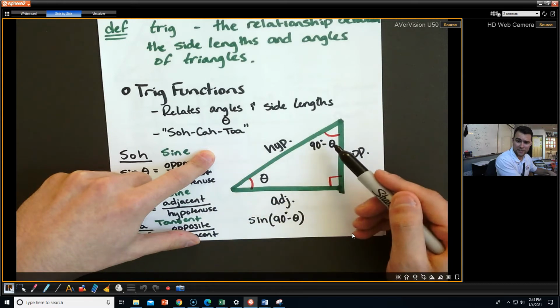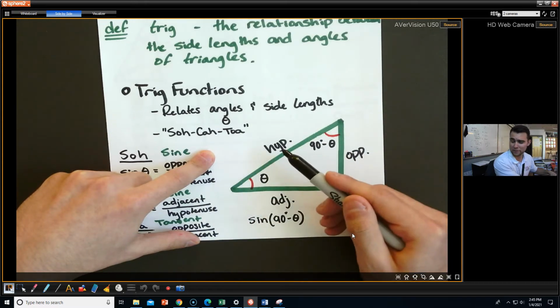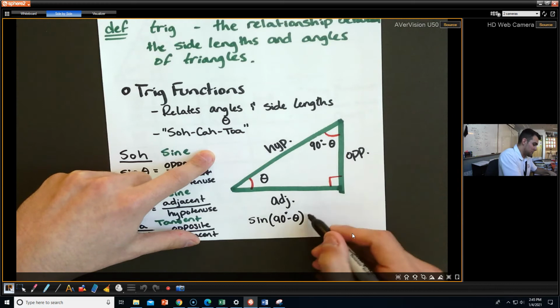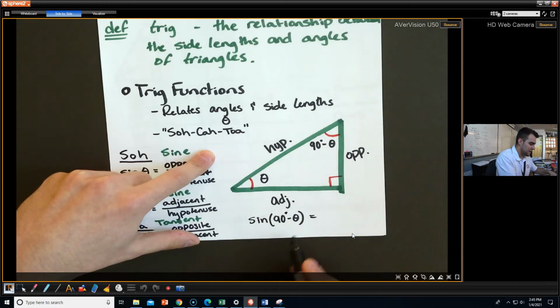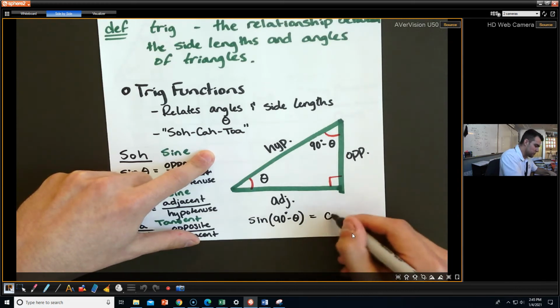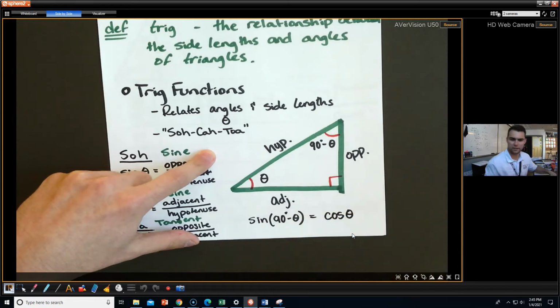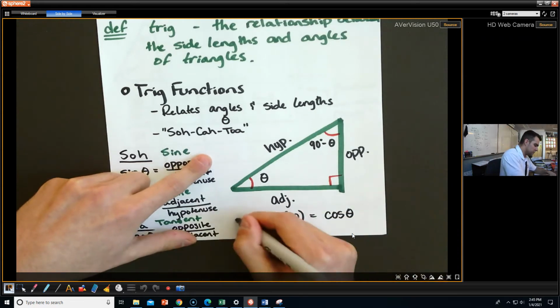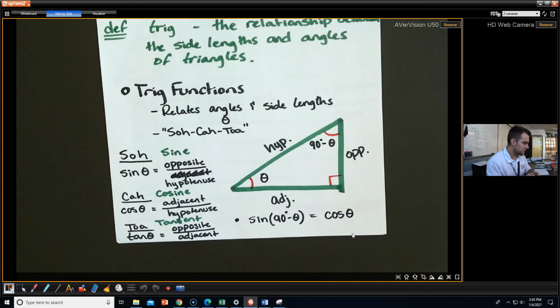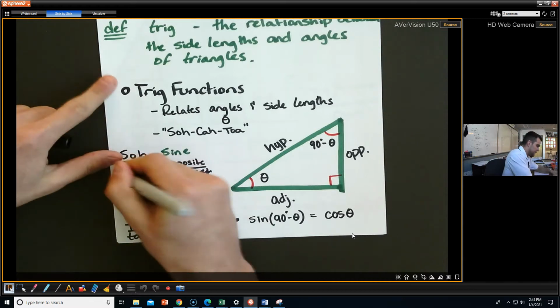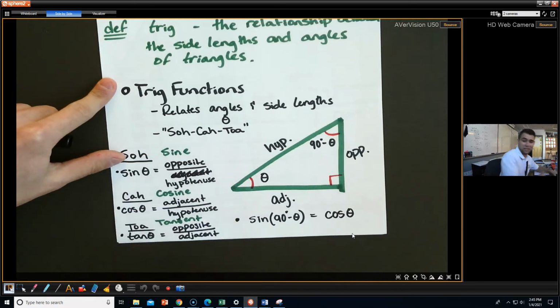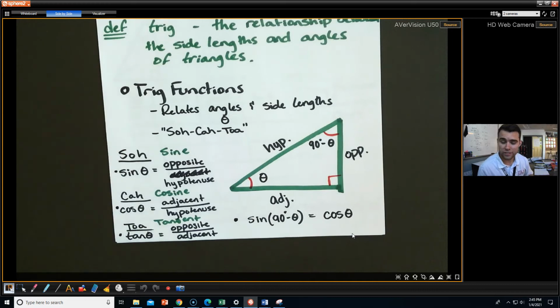Sine of 90 minus theta is adjacent over hypotenuse, technically. So that's interesting: sine of 90 degrees minus theta is just equal to cosine of theta. That's another one of those trig identities that go along with these three. It's probably going to be useful. Not super useful today, but let's keep it in mind moving forward, okay?